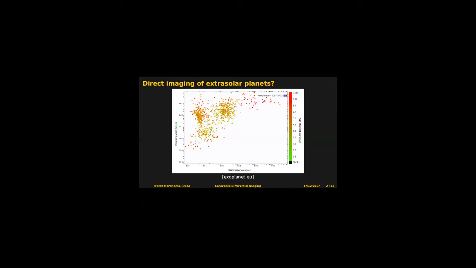Those planets are somewhat easier to detect because they're still cooling down, and we're looking at their infrared signature, which is easier to detect. We've heard many times that detecting extrasolar planets is very hard.